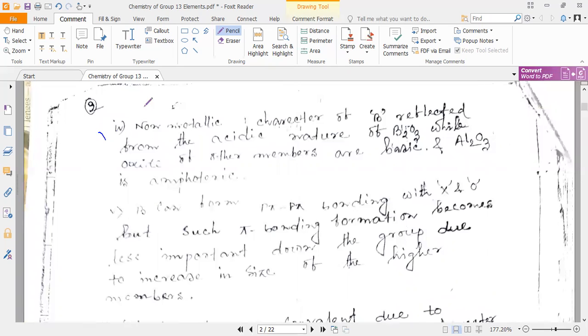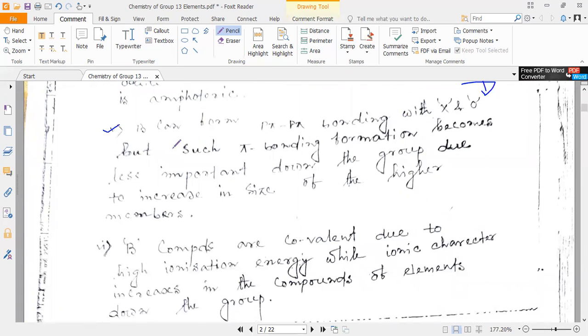The next important point is that the non-metallic character of boron is reflected in the acidic nature of boron trioxide, while the oxides of the other elements are basic, and aluminium oxide behaves as amphoteric.